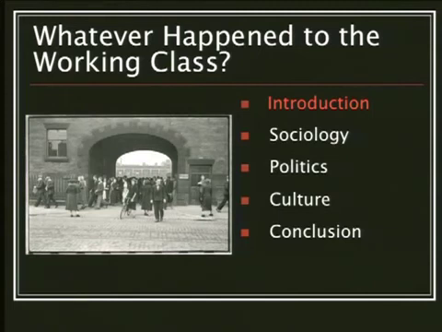In the context of this lecture, the working class is seen particularly as playing a central role in any account of the rise and fall of social democracy. The working class is commonly understood to be a product of the forms of industrialization that unfolded from the late 18th century. It's seen to be a product of the emergence of the organized labor movement in the 19th and early 20th century.